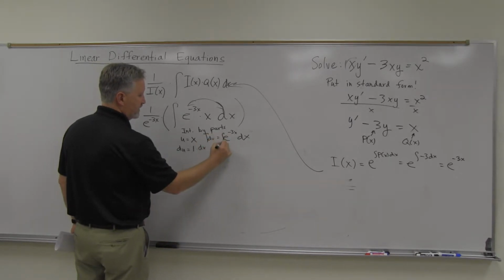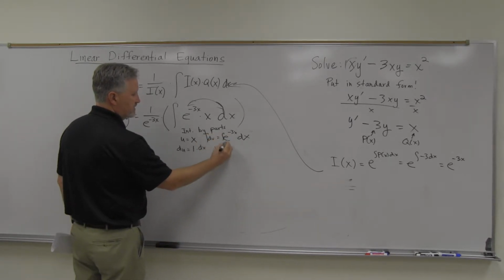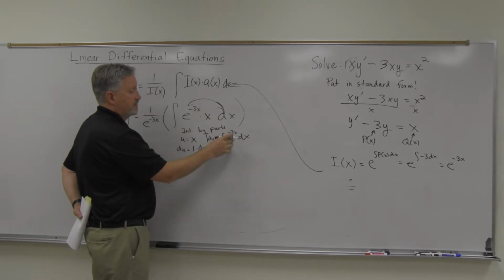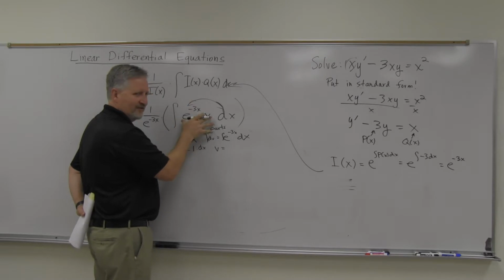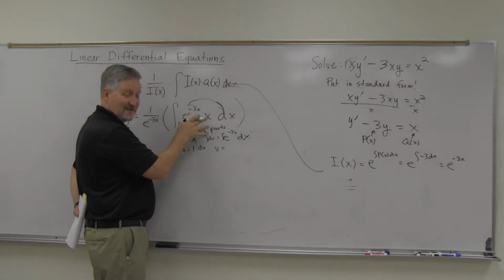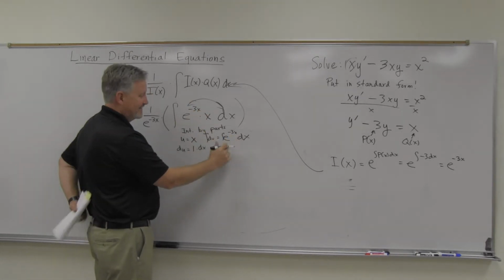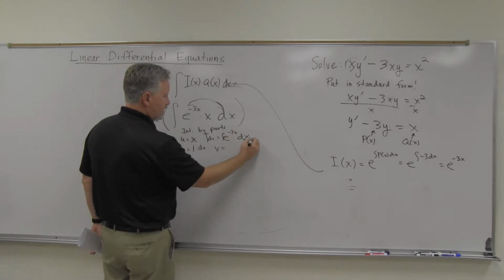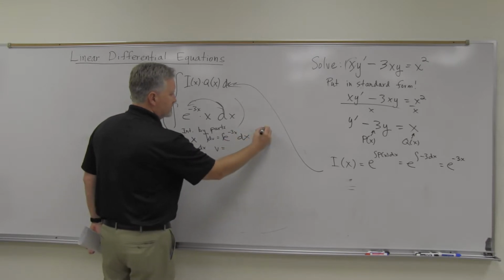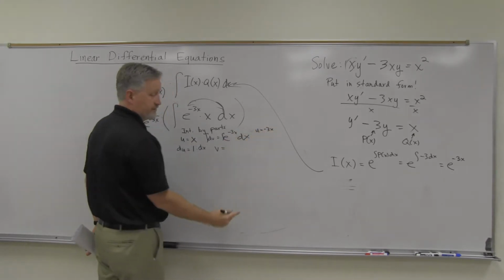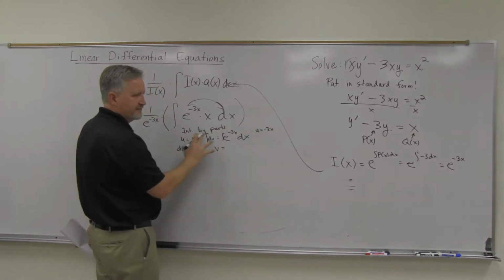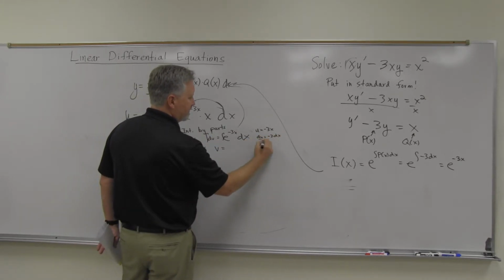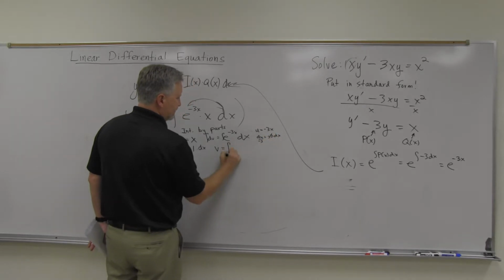And then remember over here we integrate, so that'll give us v equals. Now this couldn't be done by parts, but this can be done by u substitution. Let u be minus 3x for the u substitution now, not the other u. Then du for that would be negative 3 dx, so we divide by negative 3. That's going to turn out well.